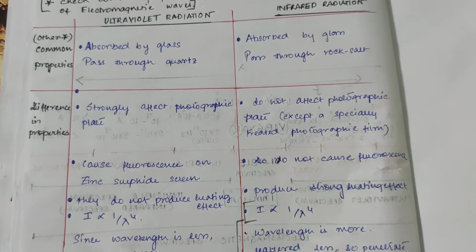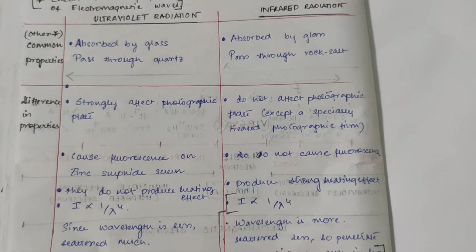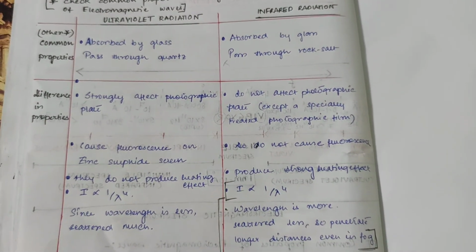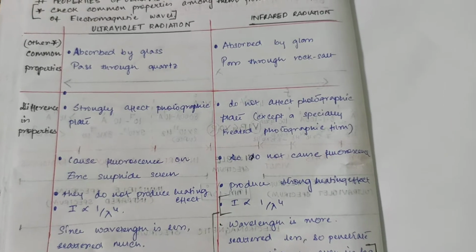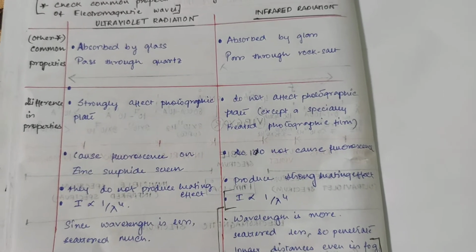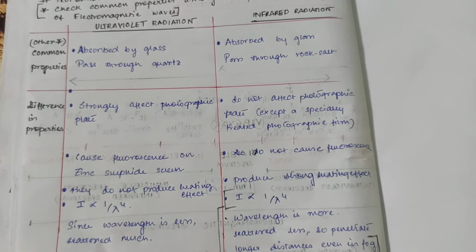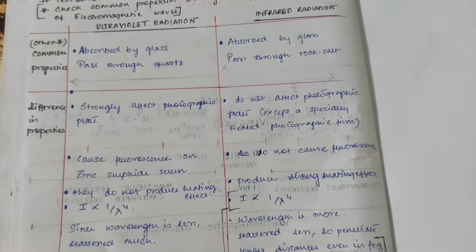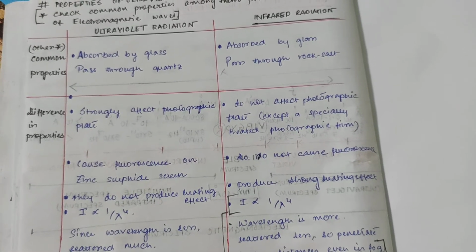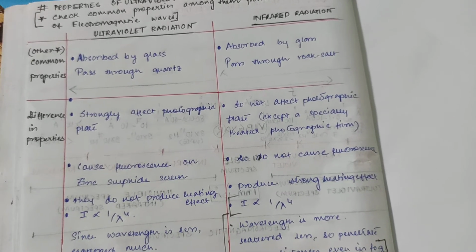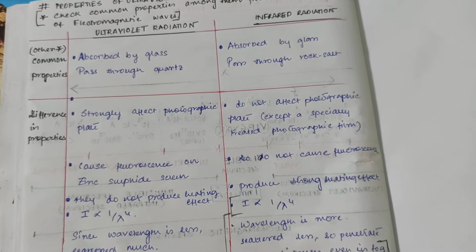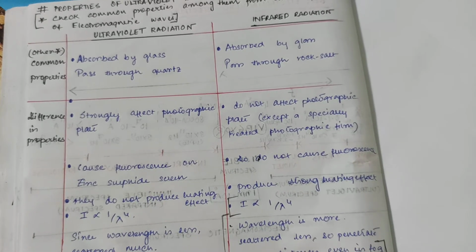See, ultraviolet strongly affects the photographic plate, whereas infrared does not affect the photographic plate. That is why infrared rays are used in dark rooms for developing photographs, as they do not affect the photographic plate.